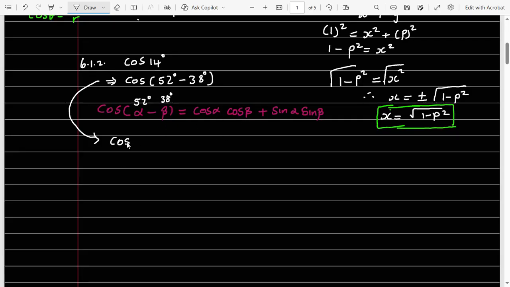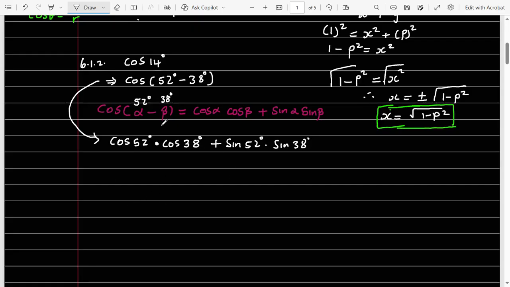This will be the cos of 52 degrees multiplied by the cos of 38 degrees. Then I'm going to add the sine of 52 degrees times the sine of 38 degrees. You see, this is something I can work on because I can use the diagram to find all these things.